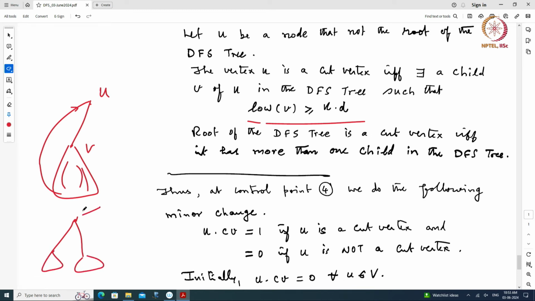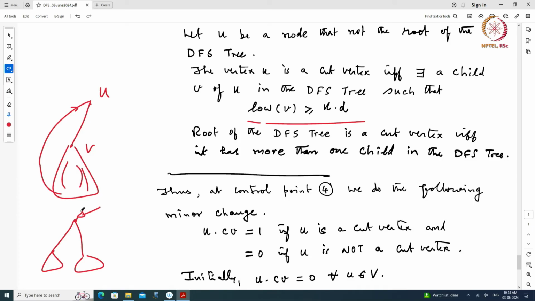If the root has degree more than 1, naturally its removal will disconnect the graph. Therefore, the root is a cut vertex if and only if it has more than one child. Therefore, your algorithm becomes much simpler.